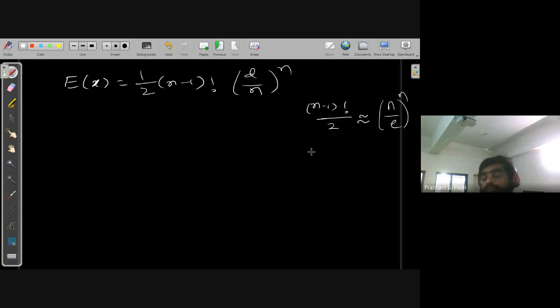This comes from the Stirling formula, or it's known as the Stirling approximation.